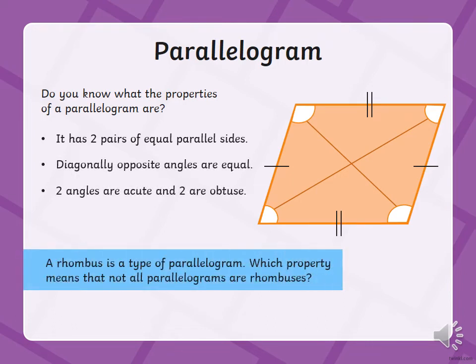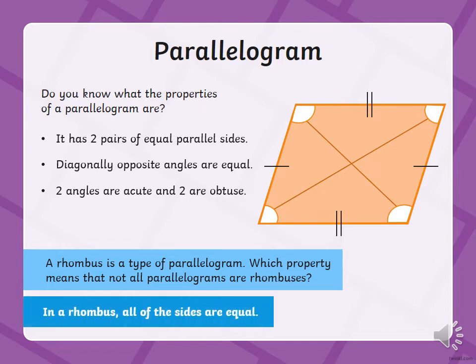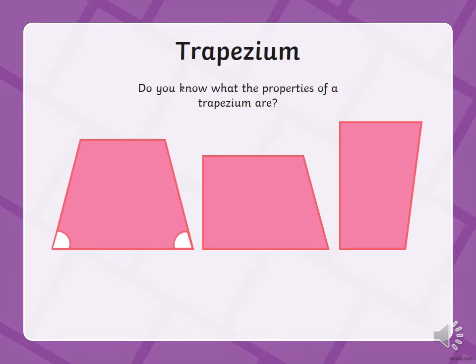A rhombus is a type of parallelogram, which means that not all parallelograms are rhombuses. So, a trapezium. Do you know what properties a trapezium has?